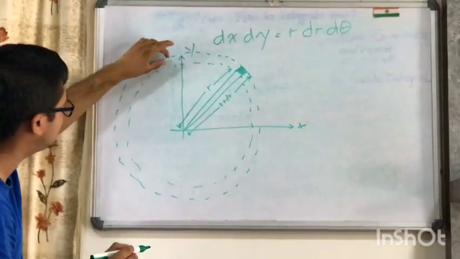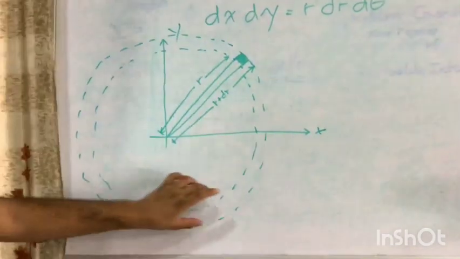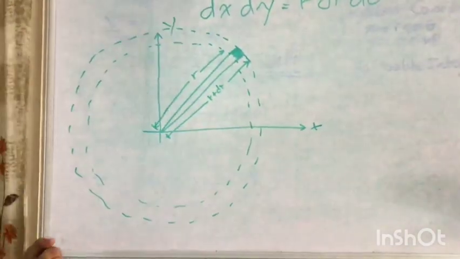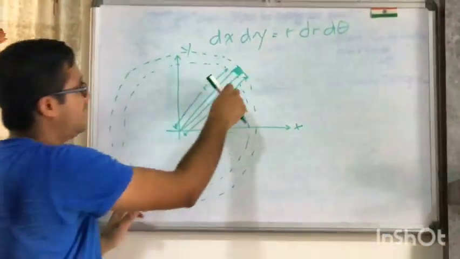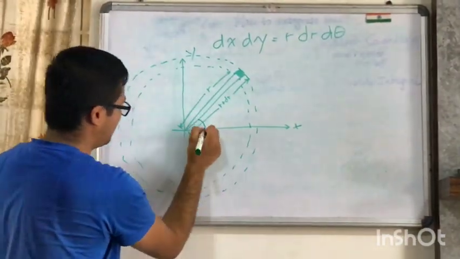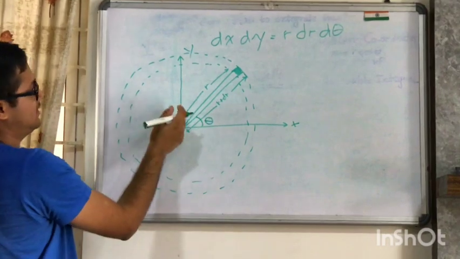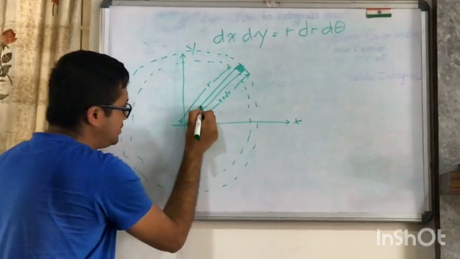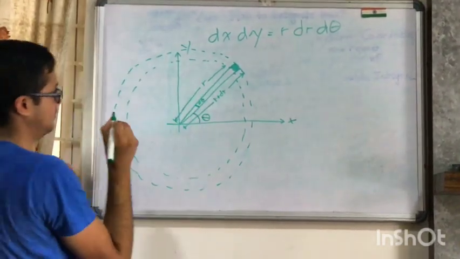As you can see, there is a very small area in between these concentric circles, and this part is at some angle, say theta, above the x-axis, and it covers a very small angle d theta.